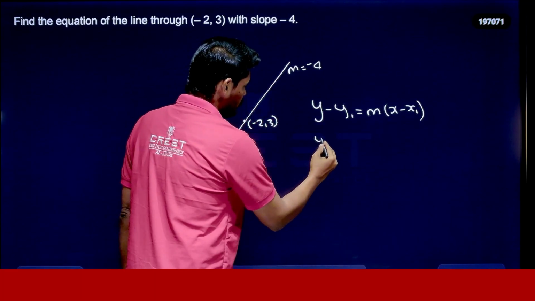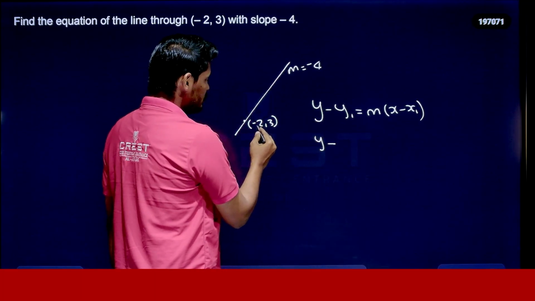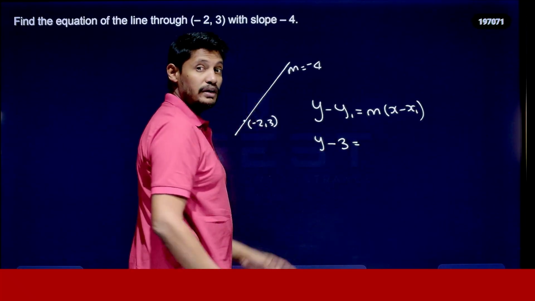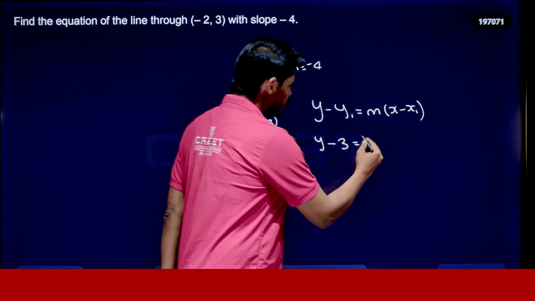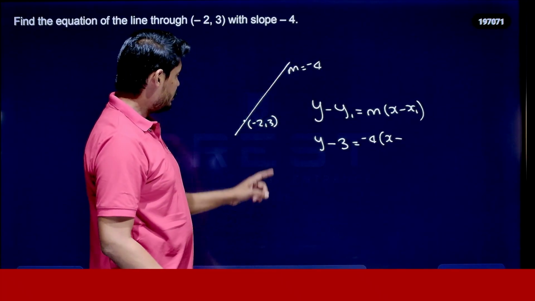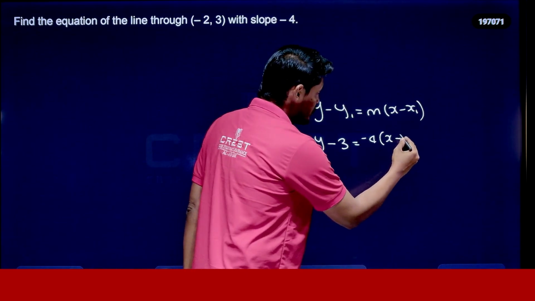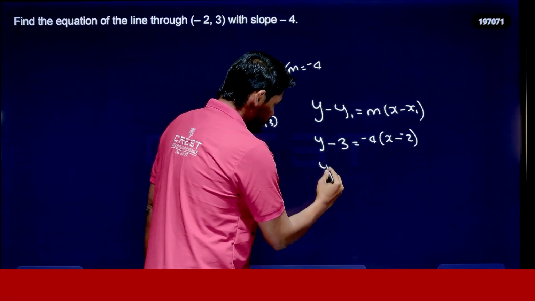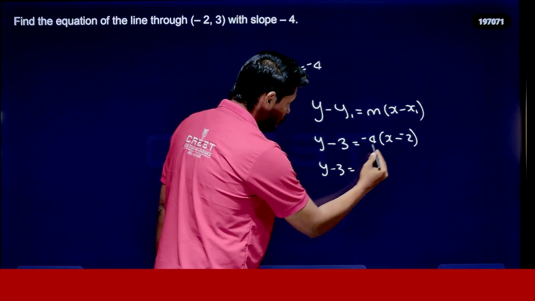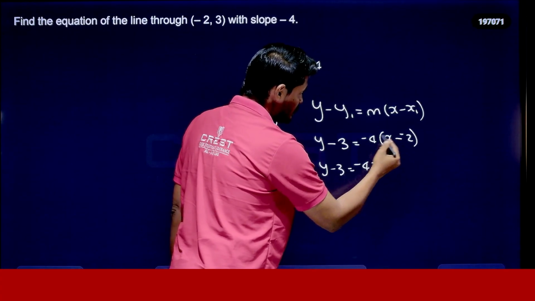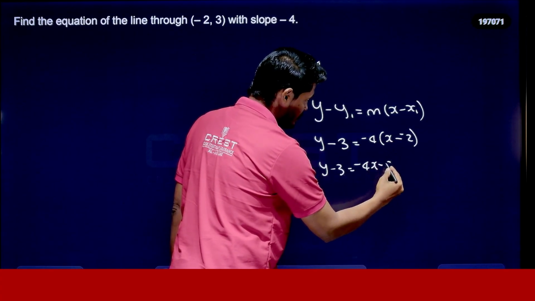So y minus, what is our y1? This is x1, this is y1. y1 is 3, so y minus 3 equal to, what is our slope? Slope is given, it is -4 into x minus, what about x1? x1 is -2, so minus -2 will be +2. So when you calculate this, y minus 3 equal to -4x, this will be plus, and it will be -8.